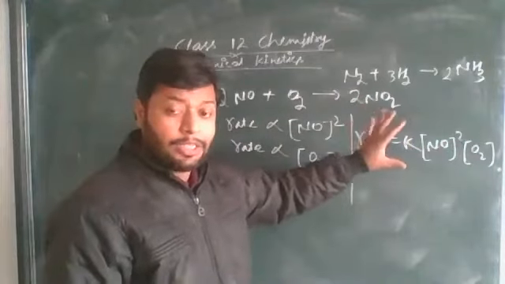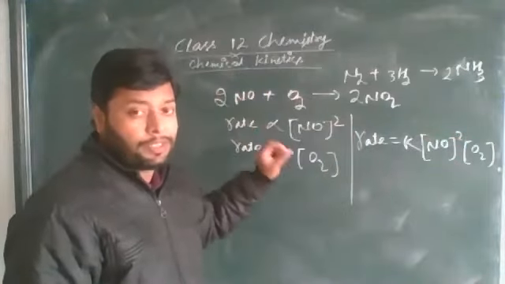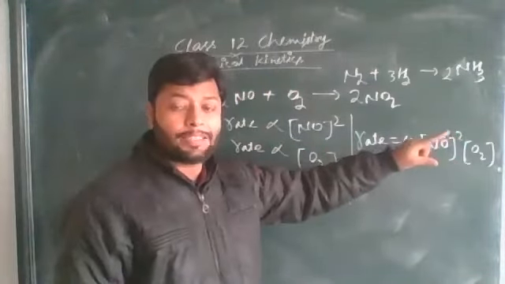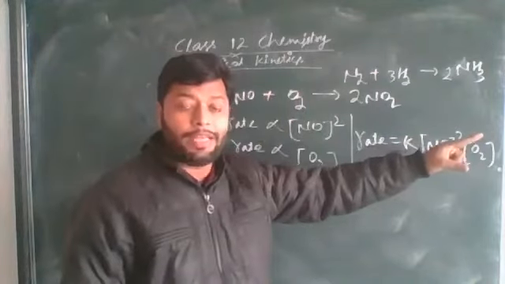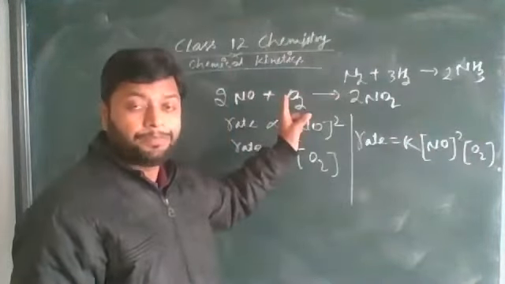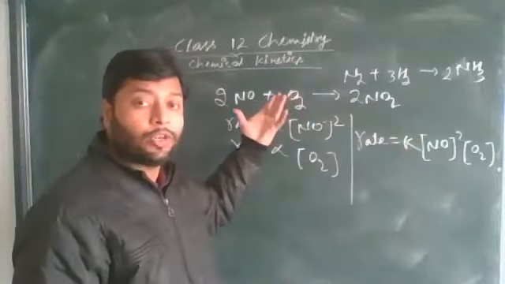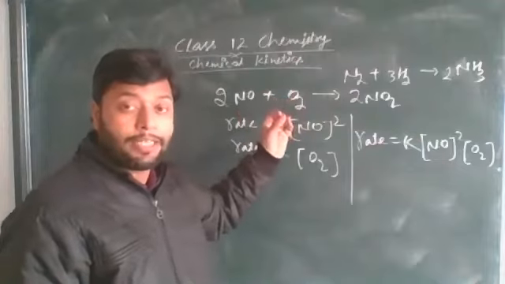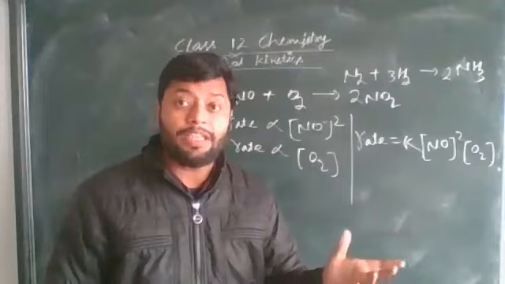Here in this reaction, you can also see that the power is equal to the stoichiometric coefficient. This is the value of x, which is equal to the small a, and this is the value of y, also equal to the small b. So it may be equal to the stoichiometric coefficients, but it is not necessary for all reactions that it is equal. It may be different also.